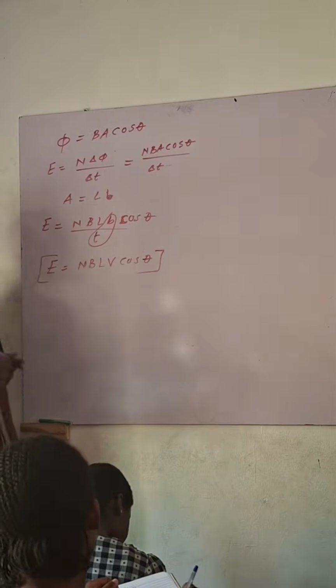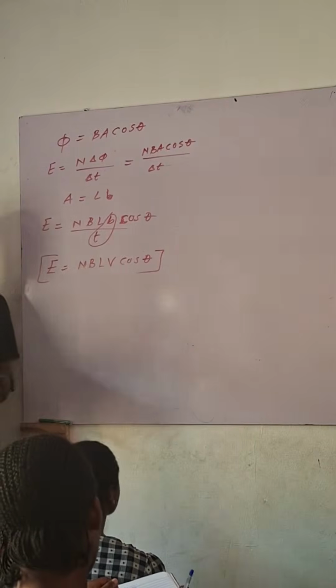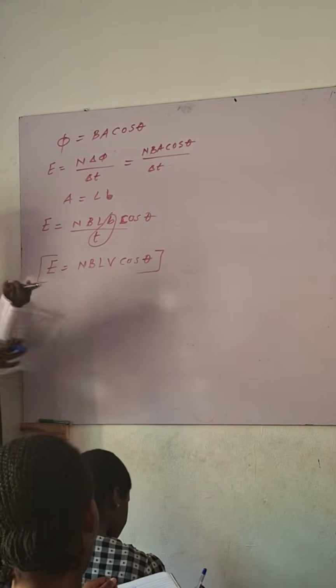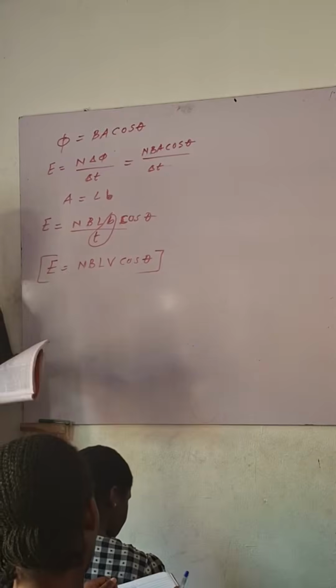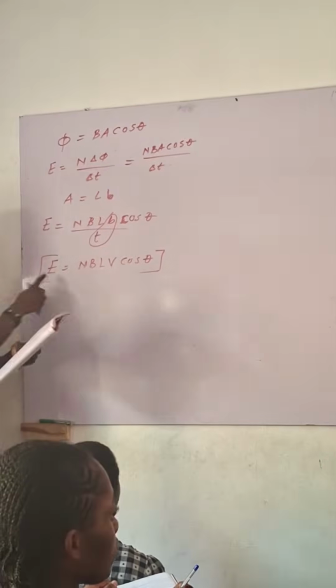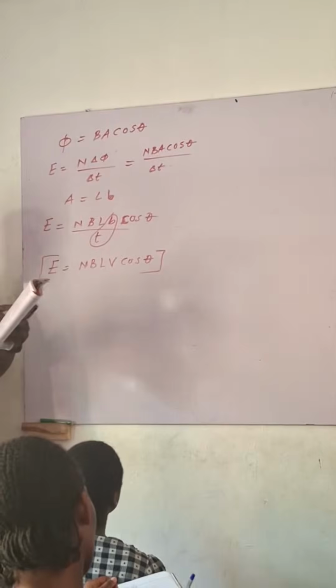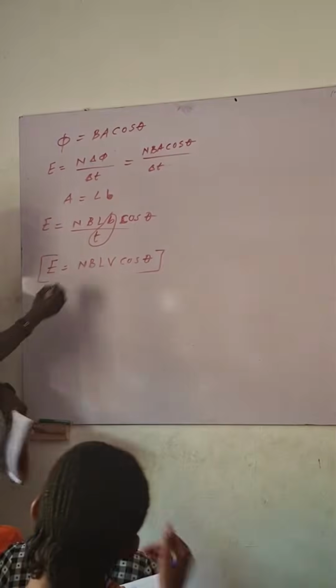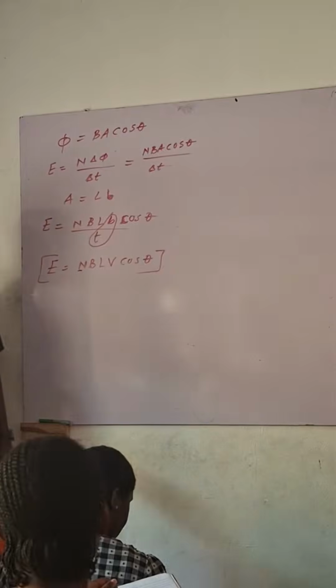So the question now says, what are the factors? A magnet that is moved through a coil. So as you are moving the magnet through the coil, the EMF it generates in the coil, in the wire, is going to depend on what? It's going to depend on number of turns, Abby? Yes.